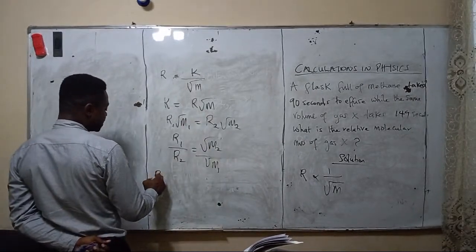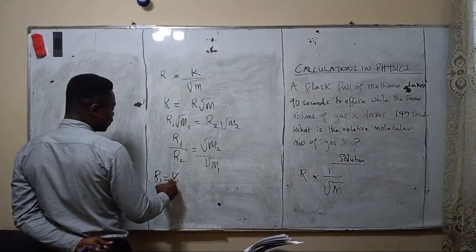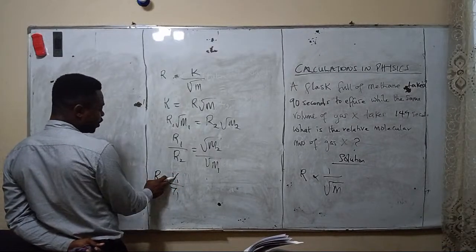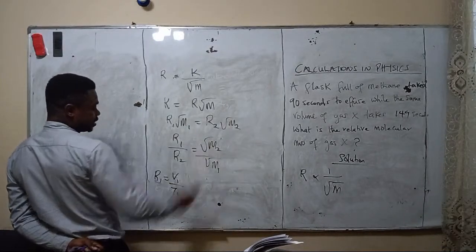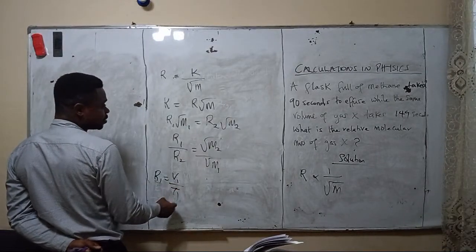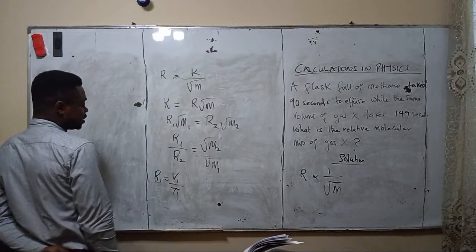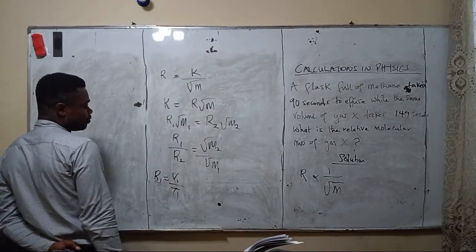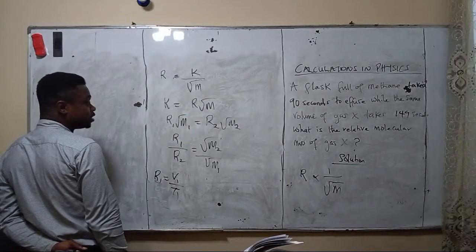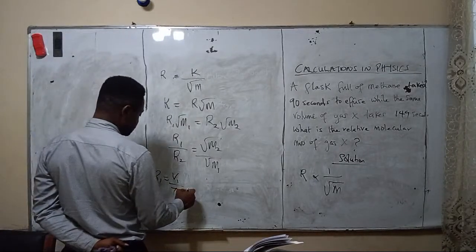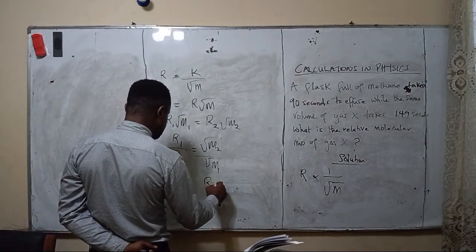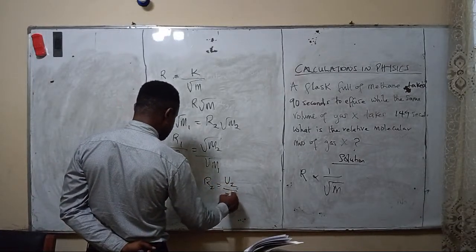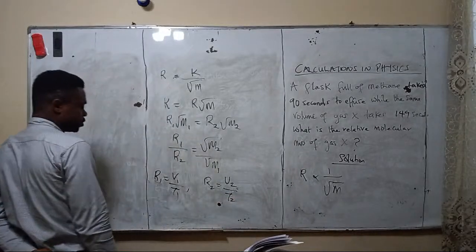Remember that R1 is equal to V1 over T1, because V1 is the volume of the first gas, which is methane, and T1 is the time it takes methane to effuse. While R2 is equal to V2 over T2.